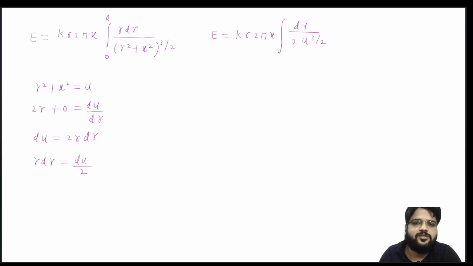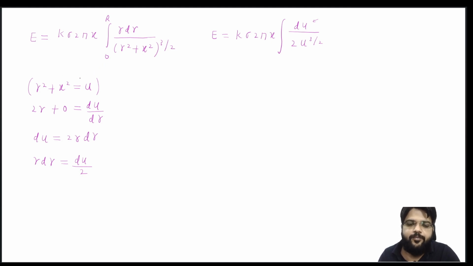And now this integration is looking very easy, everyone, correct? We have to do one more thing, everyone. We are now doing integration with respect to u, so limits also should be present in the form of u. So with the help of this equation, we will find the relation between u and r, everyone.